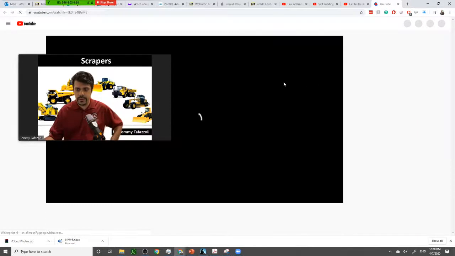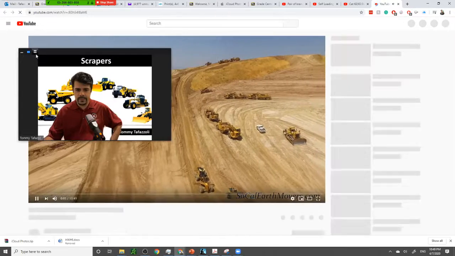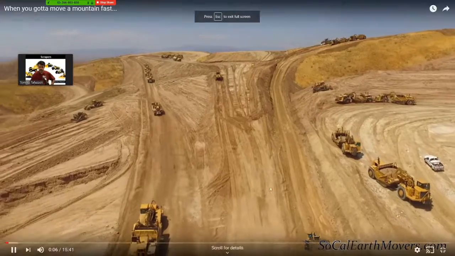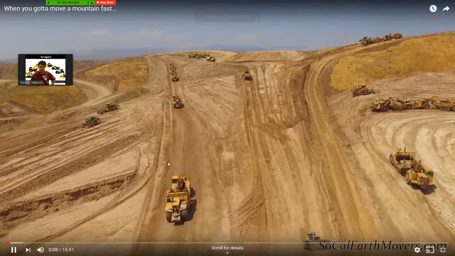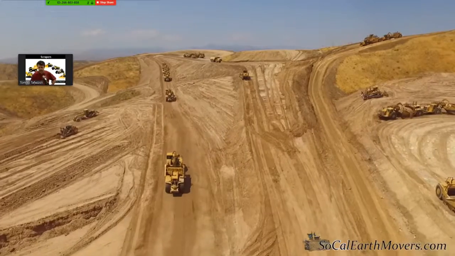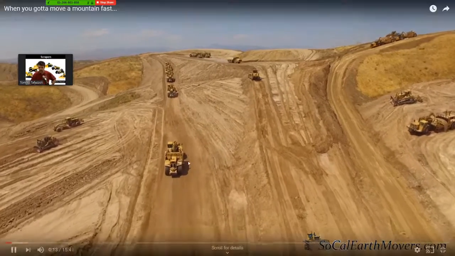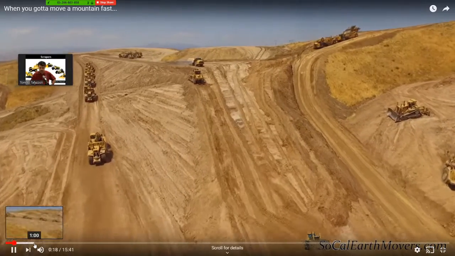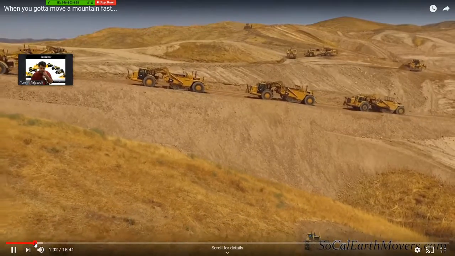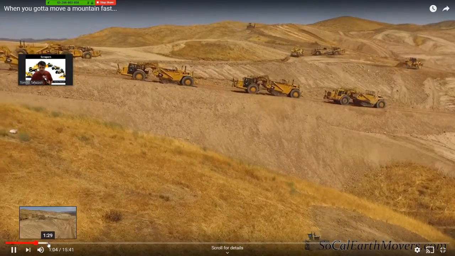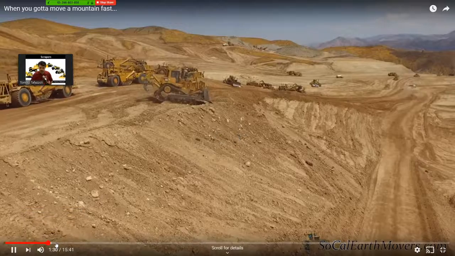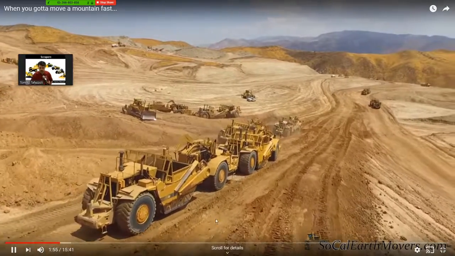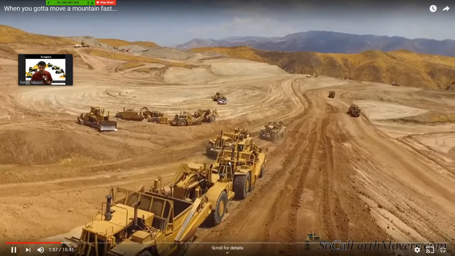We have another video. So as you can see, this is a very large area and you can see a lot of scrapers that would line up and do the job. They can go in with different slopes. You can see the double scrapers.